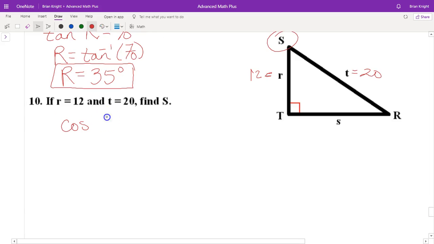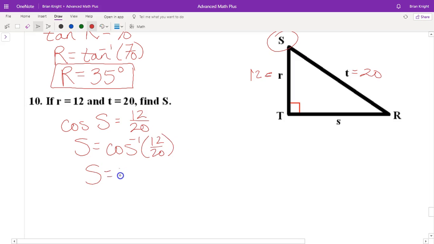So cosine of S equals the adjacent side, which is 12, over the hypotenuse, which is 20. You do the inverse cosine of 12 over 20. It's 53.1 degrees, according to my students.